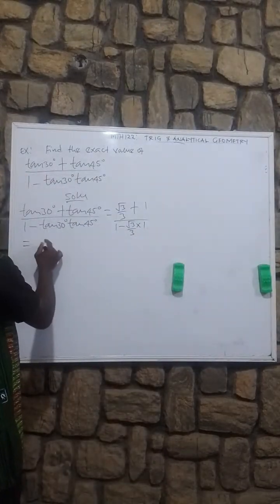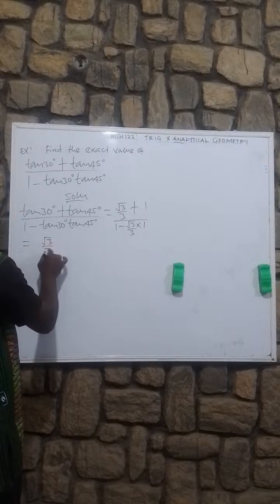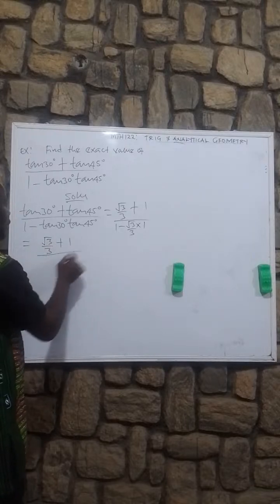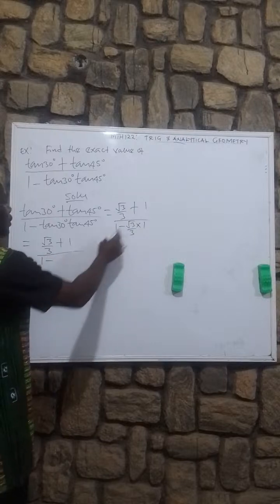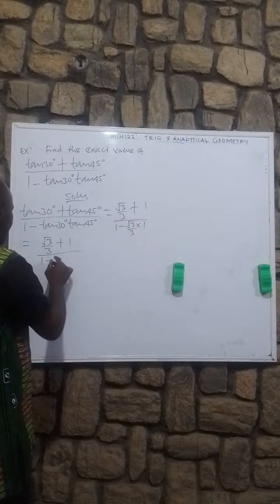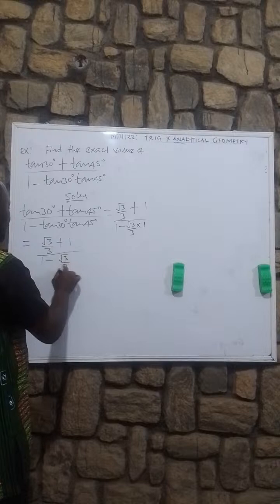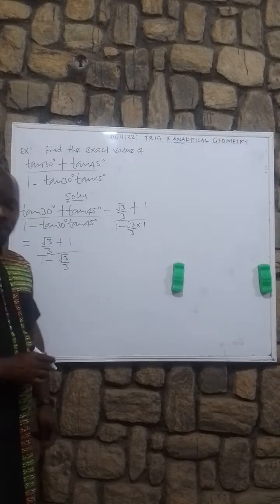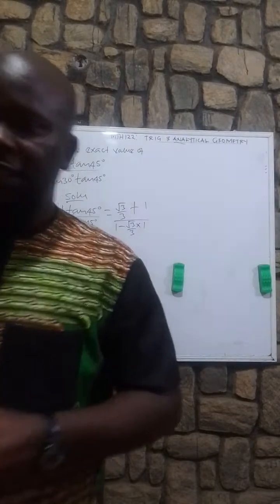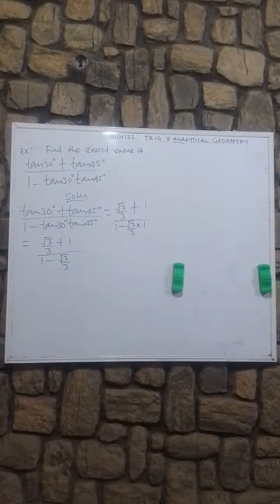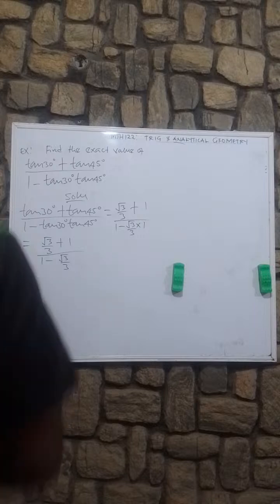So this is equal to root 3 all over 3 plus 1, all over 1 minus root 3 all over 3 times 1, which is the same thing as root 3 all over 3. True or false? Any question here? You will see this question in the exam. It's very important. Take notes. You will see these questions in the exam. Okay? So far, so good.